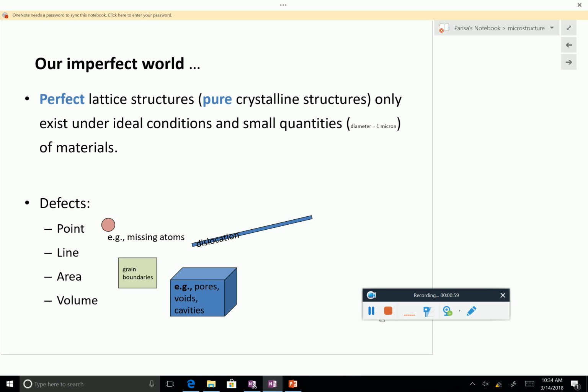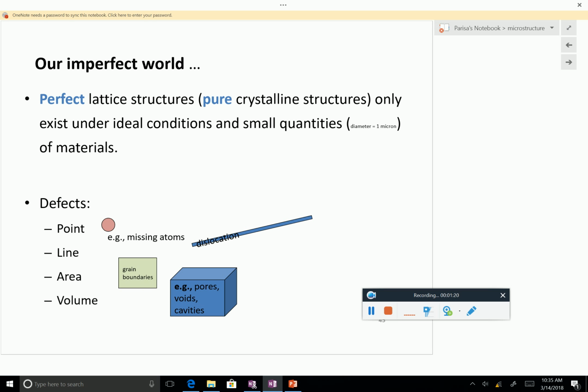And even in crystalline structure, there are different kinds of defects. They can be point-wise defects, linear, areal, or volume. We want to today learn about these different defects and see how they affect the engineering properties.